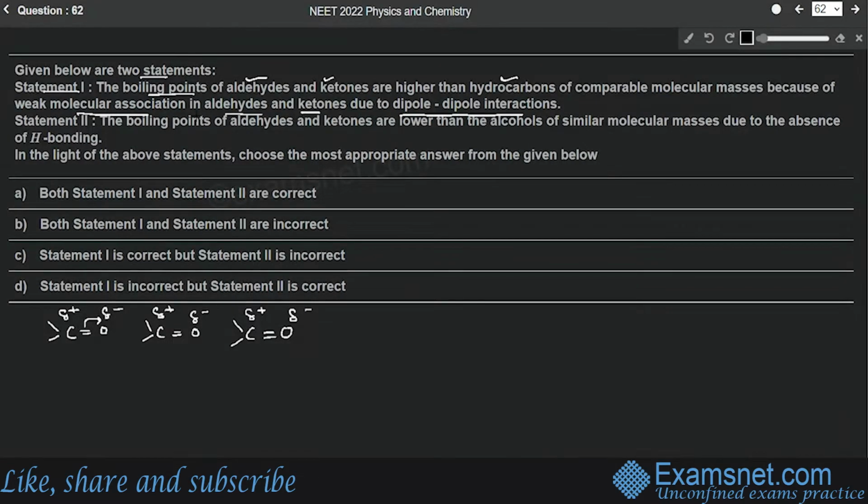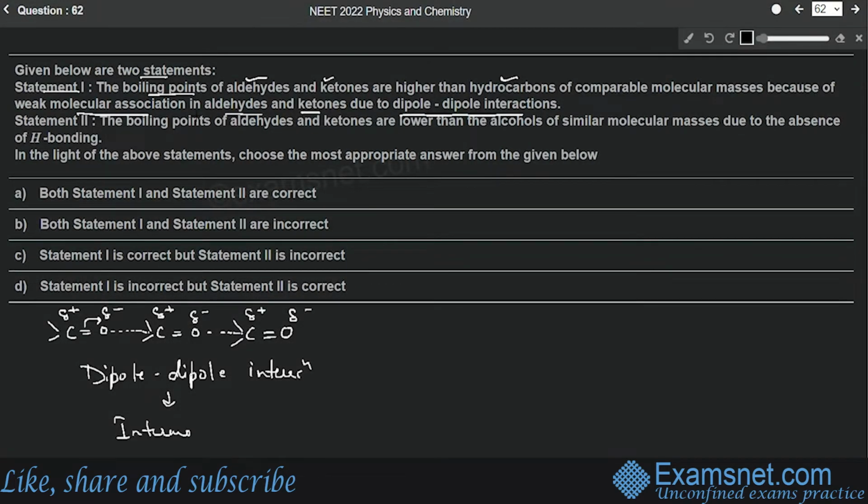Now the partially negative oxygen will bind with the partially positive carbon of another carbonyl group. So you can see there is development of polarity. That means there will be dipole-dipole interaction in aldehydes and ketones, which will lead to intermolecular association.